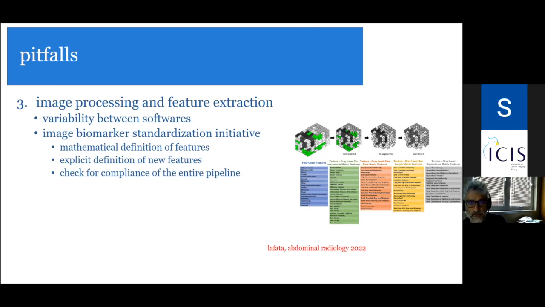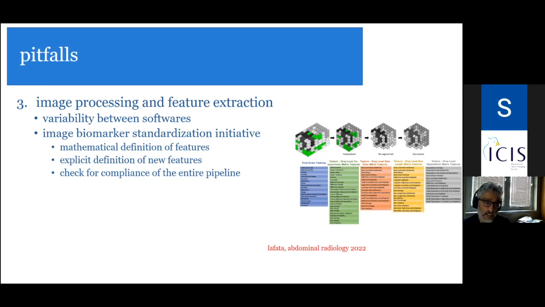For this reason, I find very interesting the Image Biomarker Standardization Initiative, which is an international initiative that aims at obtaining a mathematical definition of features so that they are standardized internationally.